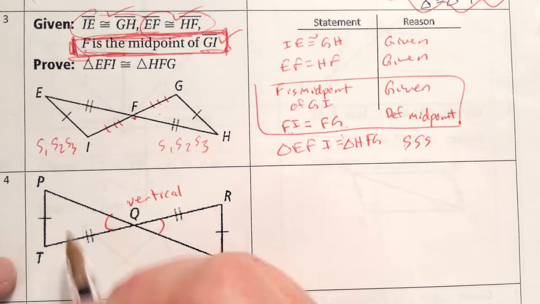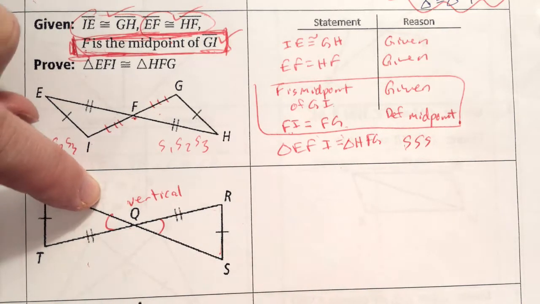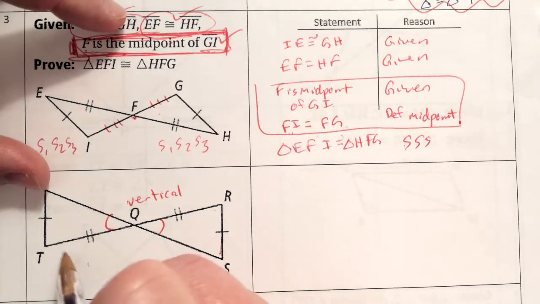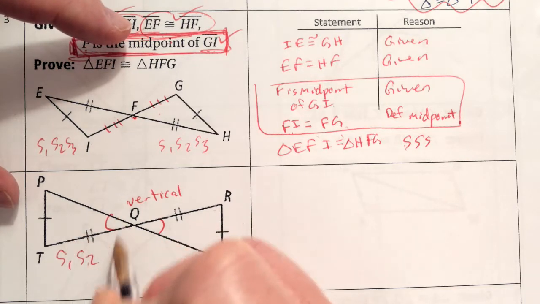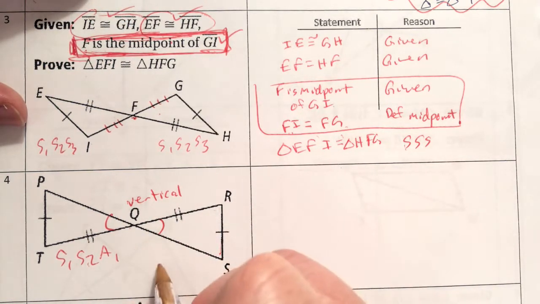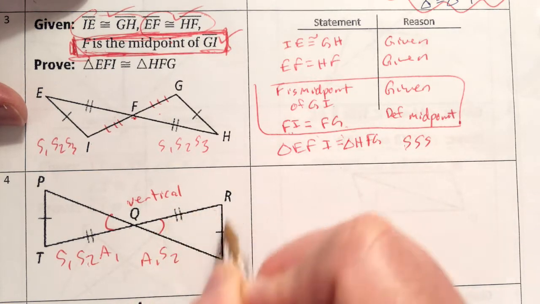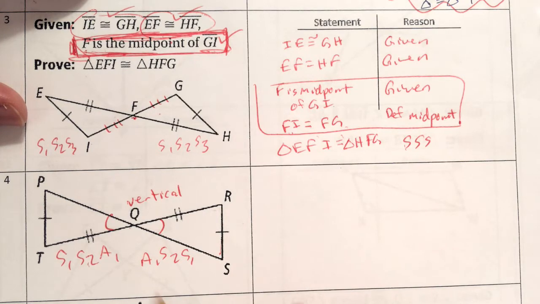Well, is that enough? Well, let's see. What do I have more of, angles or sides? Sides. So I'm going to go to the third side and go in a circle. I get side 1, side 2, angle 1. Okay, go in order. Go in a big circle around here. That would be angle 1, side 2, side 1. They do not match. Okay, let's try it.